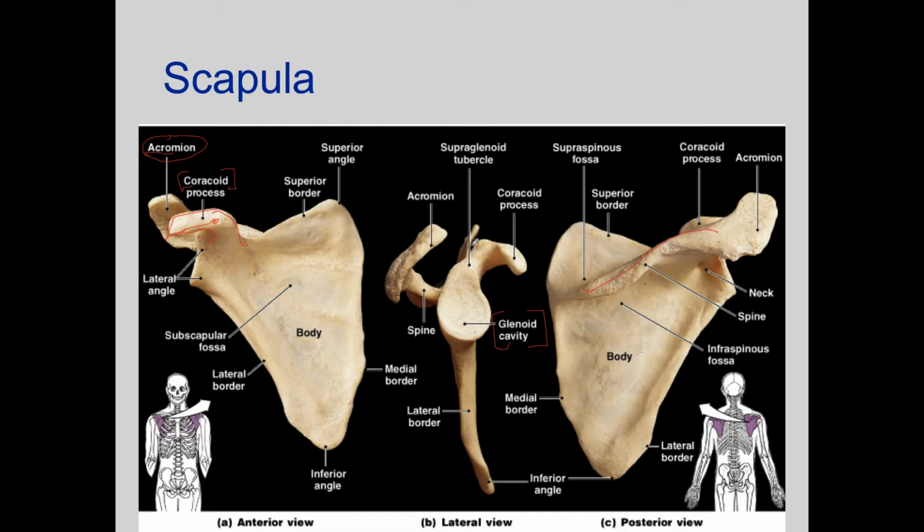And the reason for these is there's a bunch of ligaments that run between these two processes and your humerus to help stabilize your shoulder joint so you're not constantly dislocating your shoulder. So the fossa above the spine is called the supraspinous fossa, and the fossa below the spine, which is much bigger, is called the infraspinous fossa. And the bony part on the fossa is on is the body.